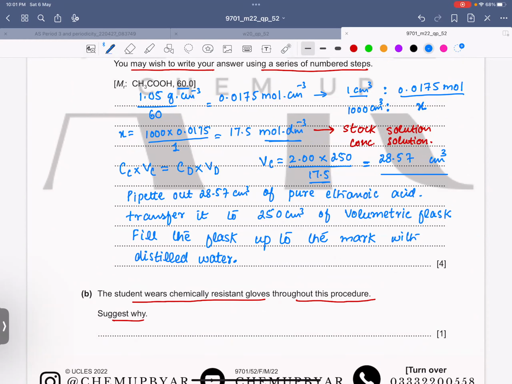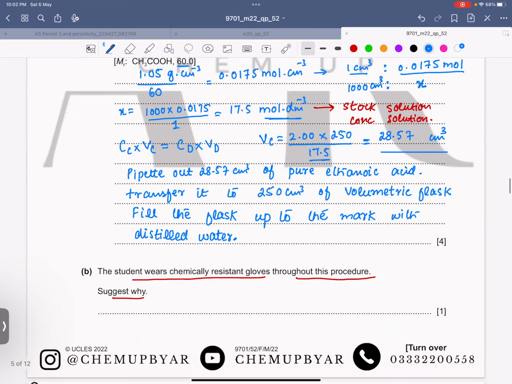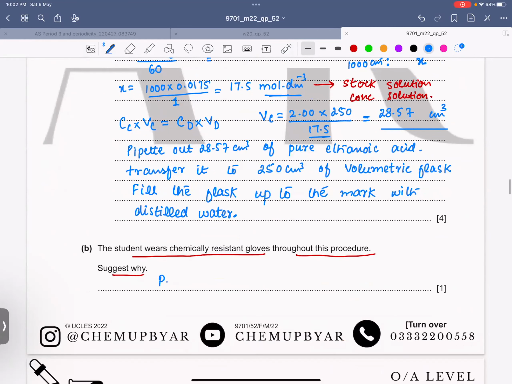We are using pure ethanoic acid, right? Pure ethanoic acid is a corrosive. Is this clear?